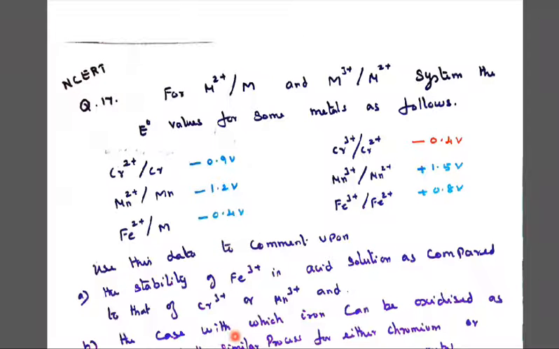Here is the NCERT question itself. It is about M3+/M2+ systems with metals, and E naught values for some metals are given.